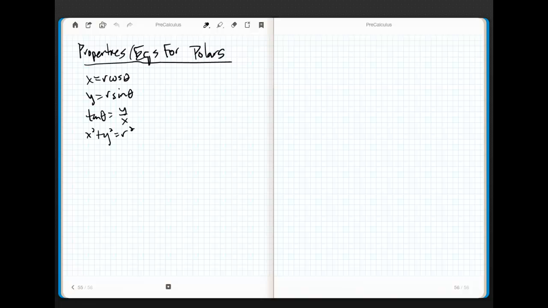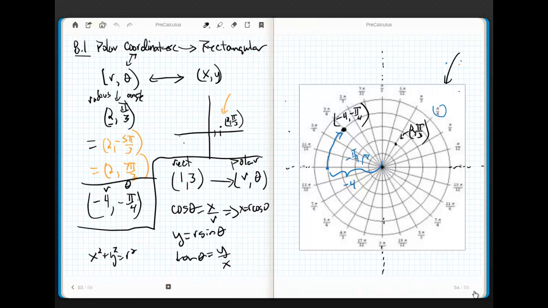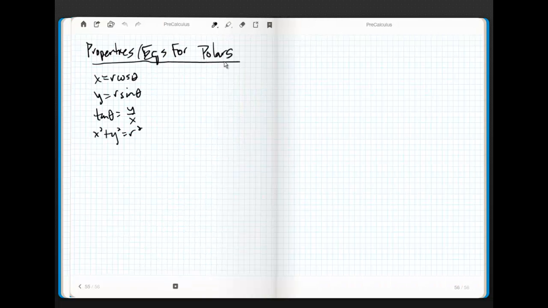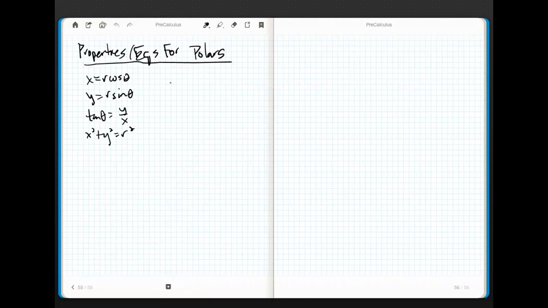And what did I want to do? Did I want to do 1, 3 or 3, 1? I wanted to do 1, 3. I am going to convert 1, 3 into a polar, into an r, theta. Okay? And let's just play. So first things first, I need a radius.